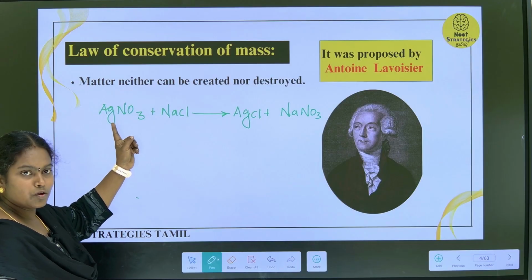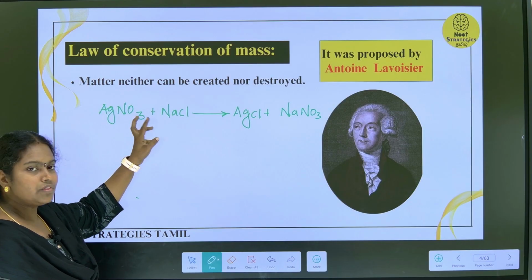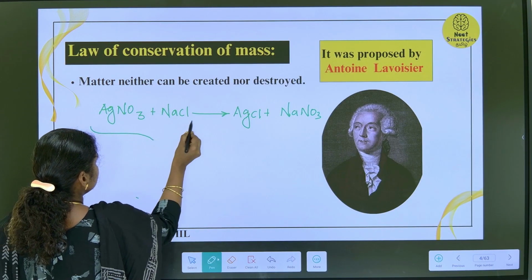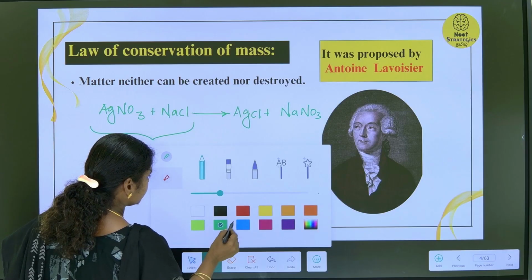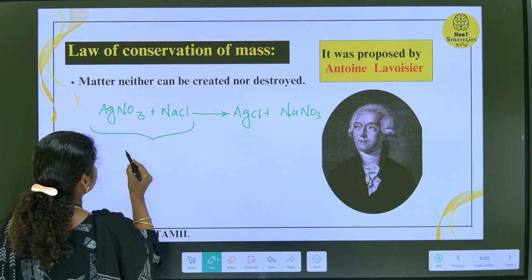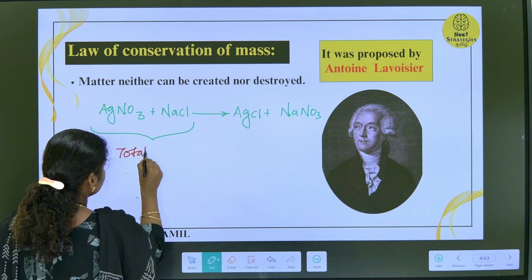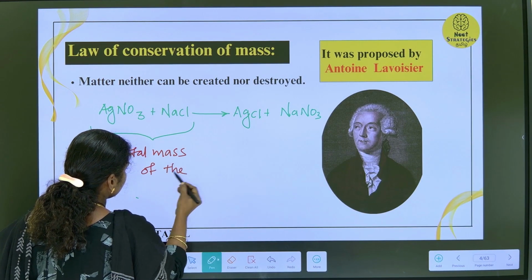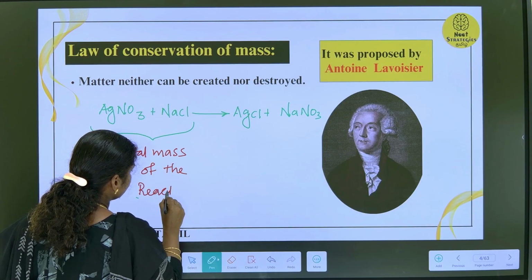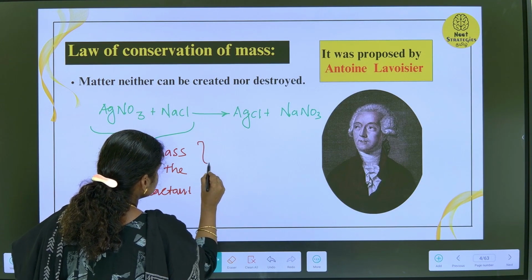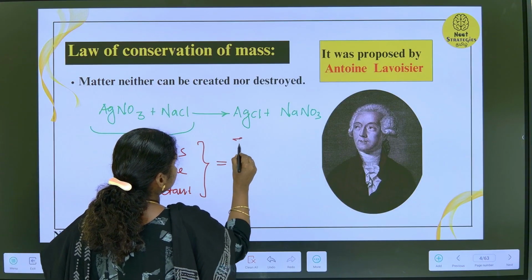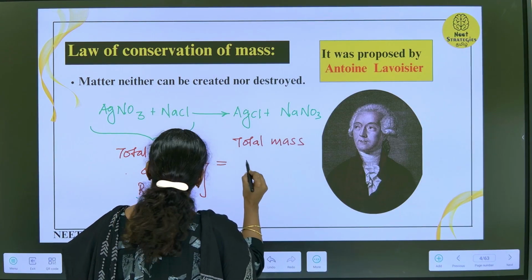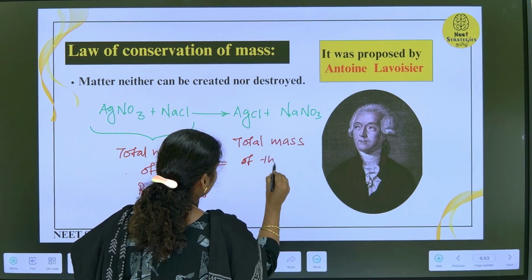In this case, the total mass of the reactants becomes equal to the total mass of the products. The total mass of the reactant equals the total mass of the product.